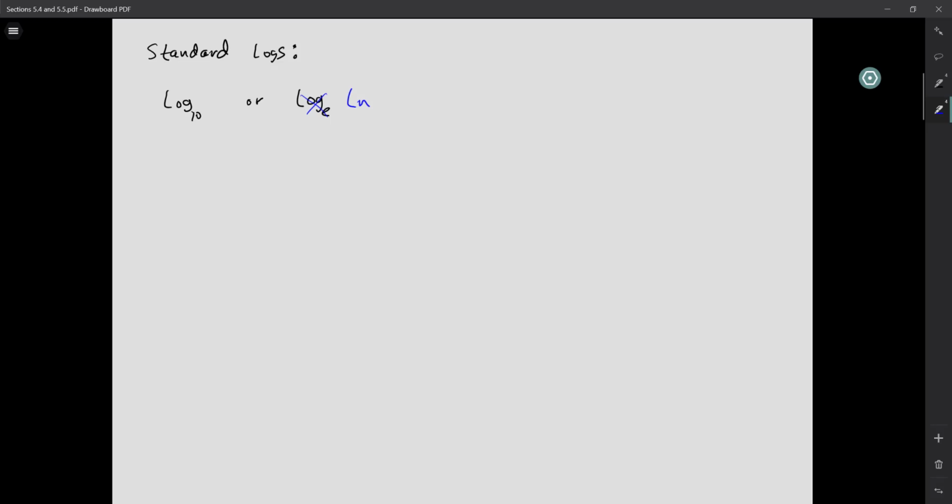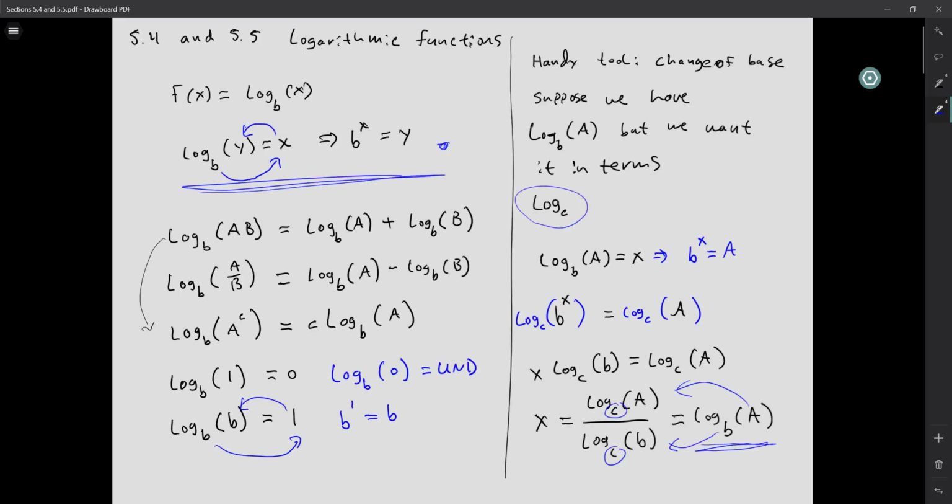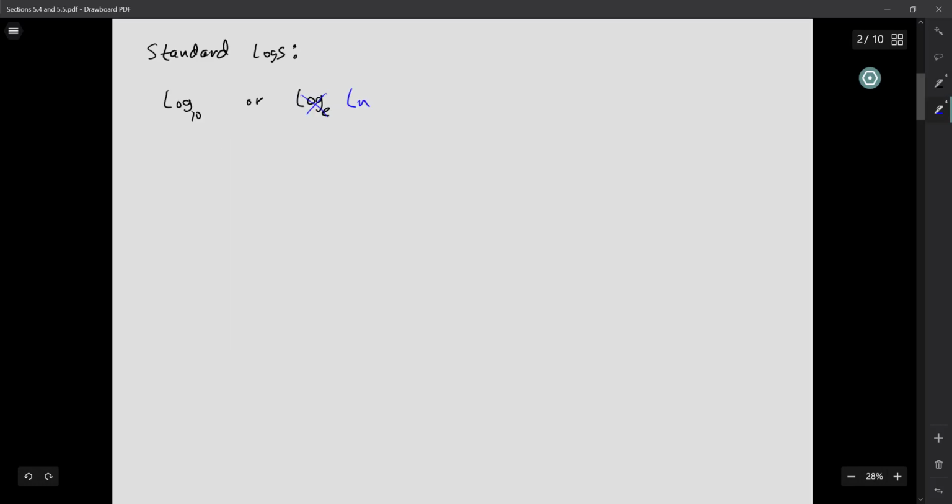Because of the change of base formula, it doesn't matter what log we're using because we can always change our problem to be in terms of any other base that we want to talk about. So often what will happen is if you are in a textbook, say a computer science class or a math class, and they need to discuss logarithms at some point, they will just simply say log.